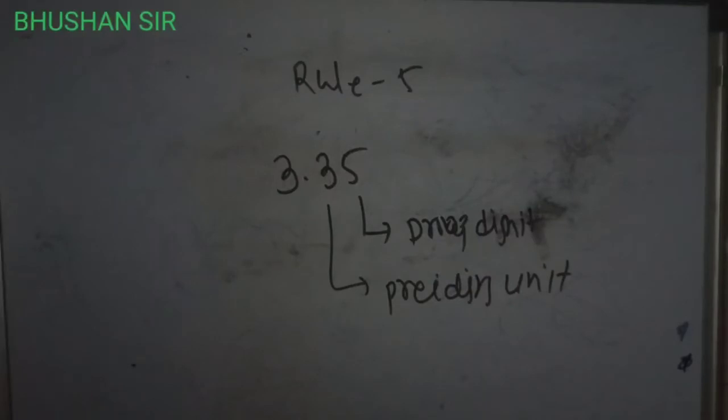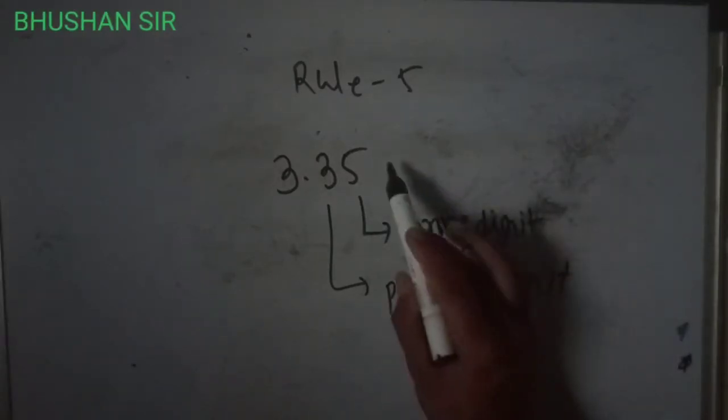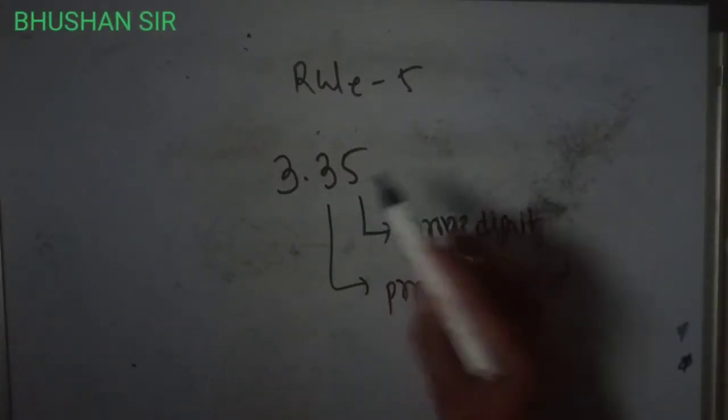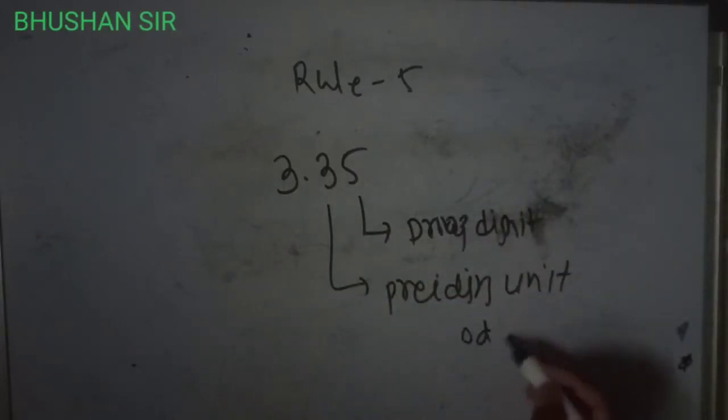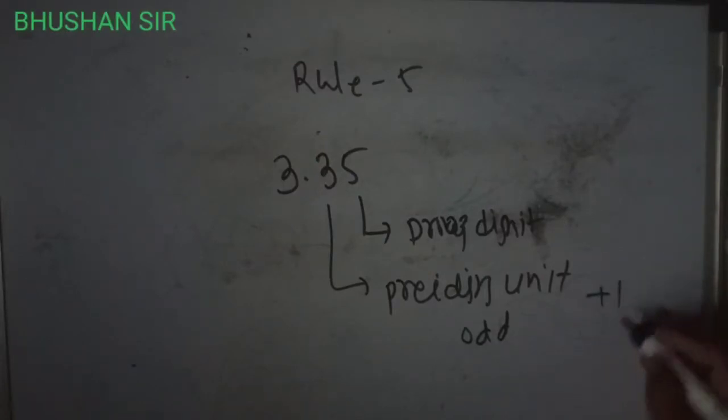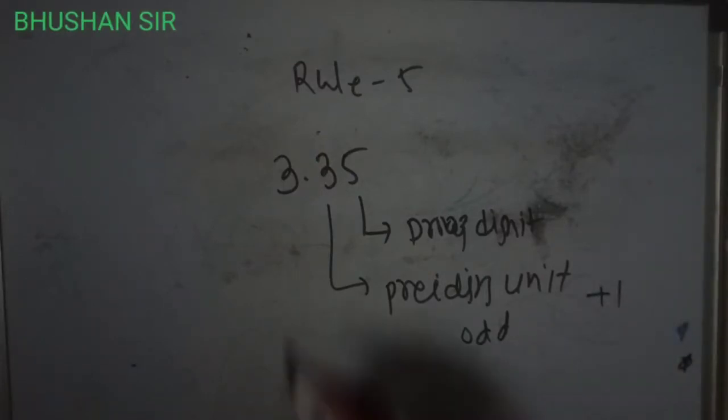So we have to drop 5 followed by 0, no digit after 5, and it is odd. If it is odd, then the preceding unit is raised by plus 1. So the rounded figure is 3.4.